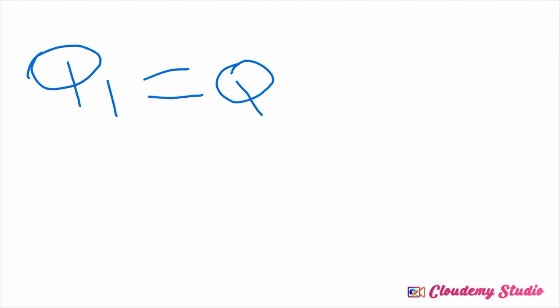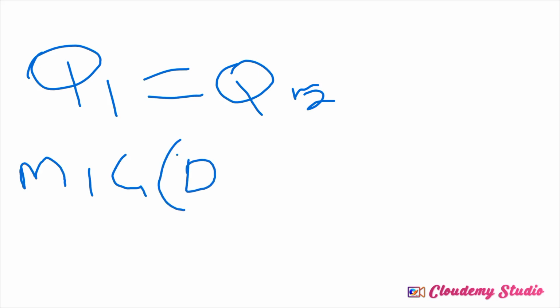So what you are going to have is Q1 equals Q2. That's M1 C1 (theta 1 minus T). That's heat lost. You may wonder, what is theta 1 minus T?